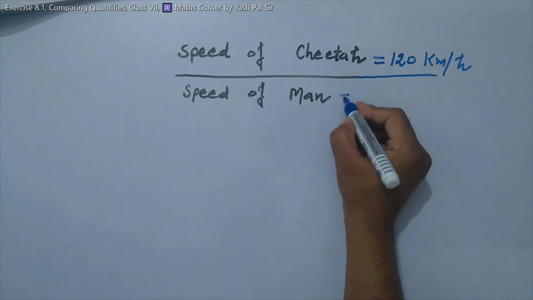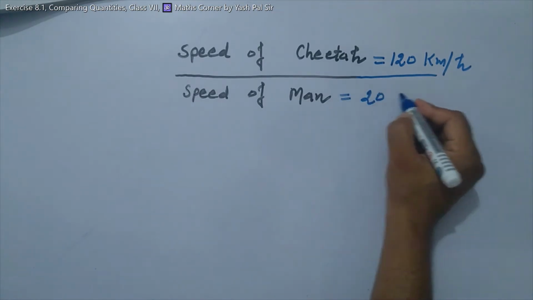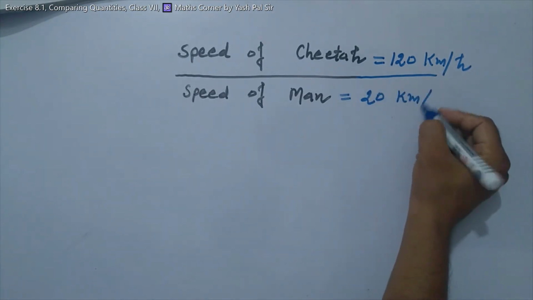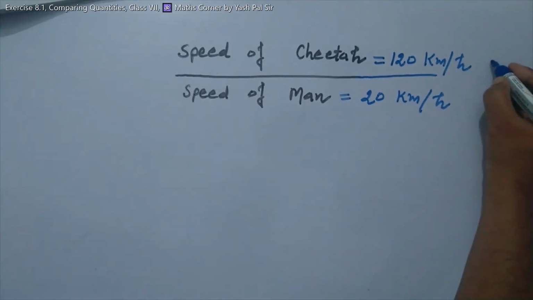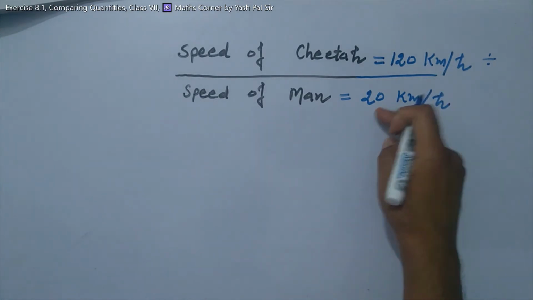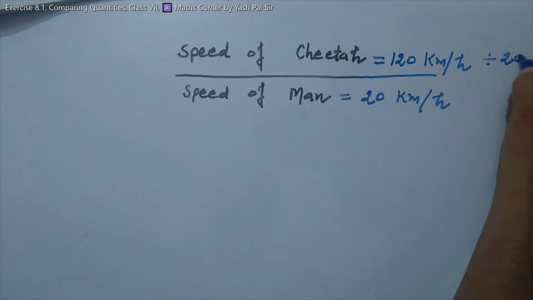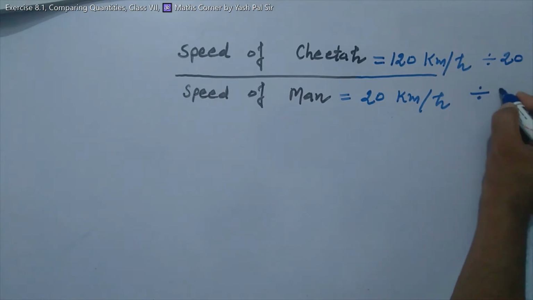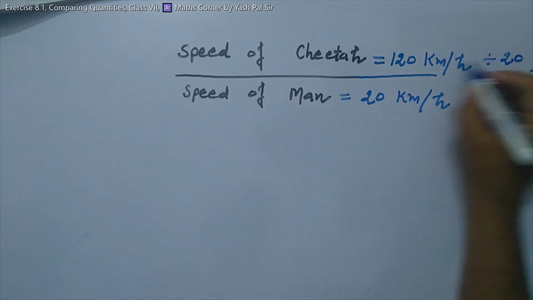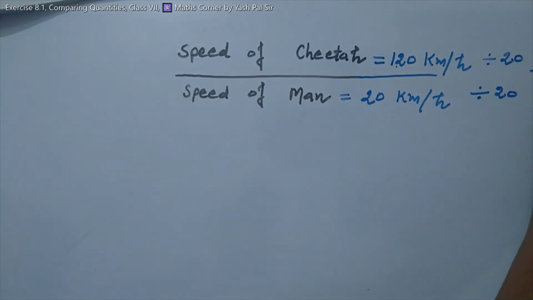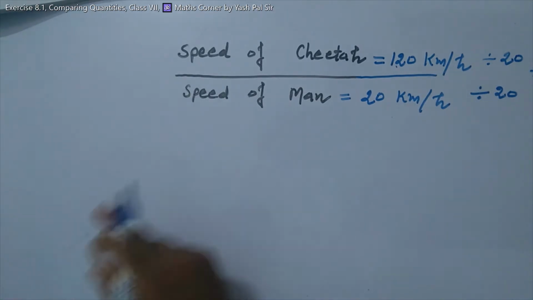Similarly, speed of man is 20 km per hour. Now we can divide them. If we divide by 20, the numerator as well as the denominator is divided by 20. Then this is 6 divide 1.